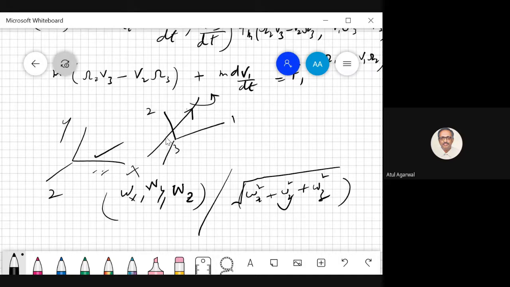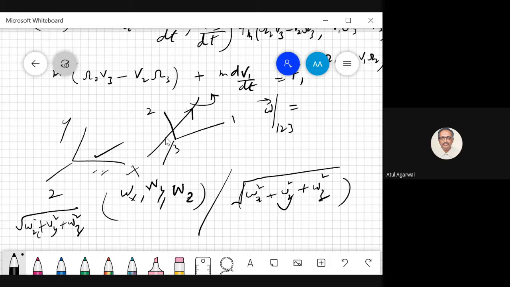So this is the angular velocity with respect to the capital XYZ system. But then you have to find this angular velocity with respect to the 1, 2, 3 system. Any vector you can transform to another coordinate system, and that is what you have to do.